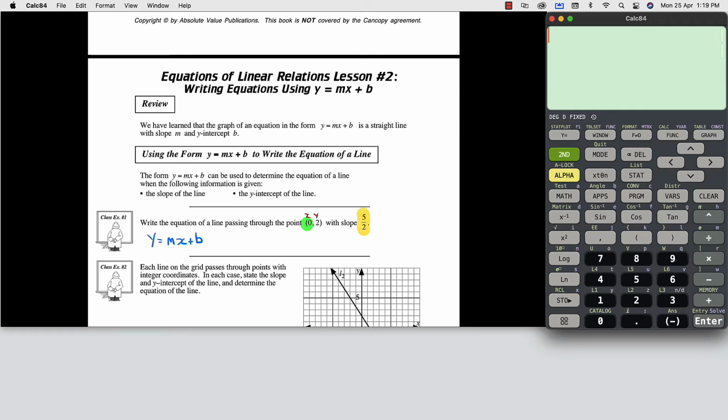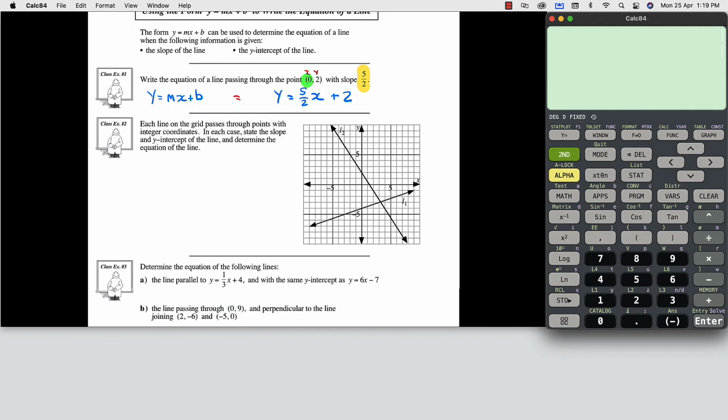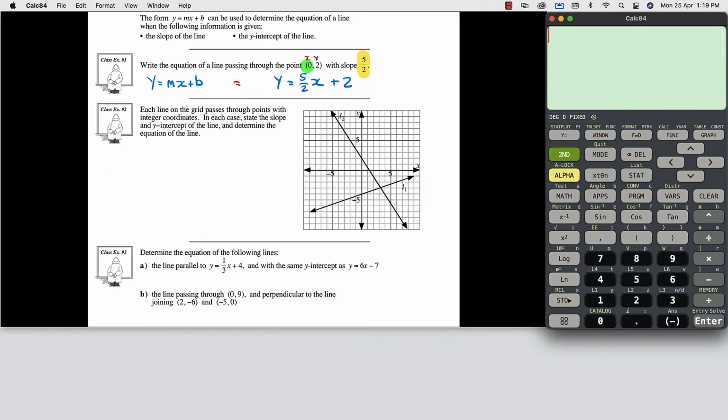So basically all you need to do is rewrite this as y equals 5 over 2 x plus 2. And that's it.